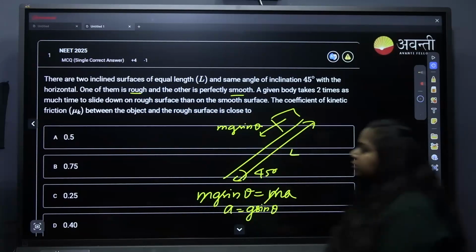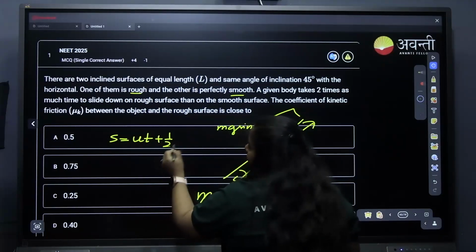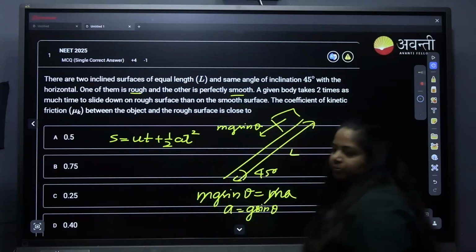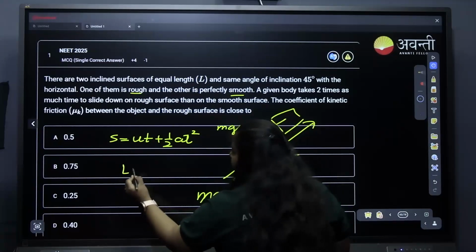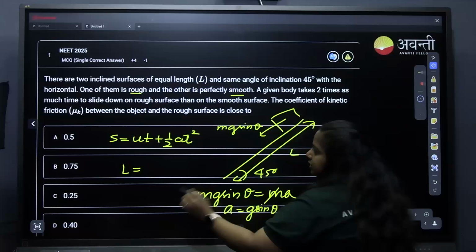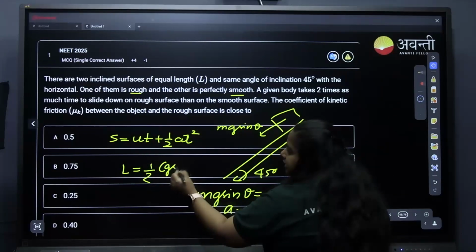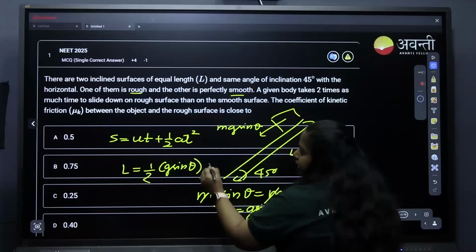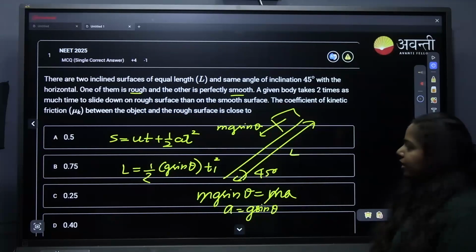So can we use s equal to ut plus half at square? Okay, so in the first case it will be L equal to initial velocity 0, plus half, acceleration equal to g sin theta, and t1 square. First case.